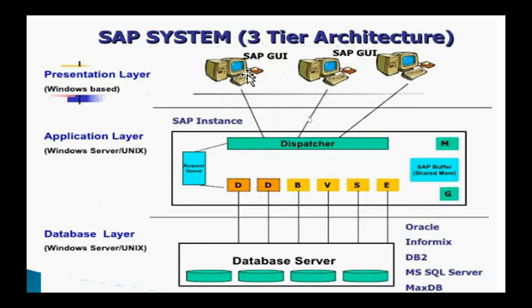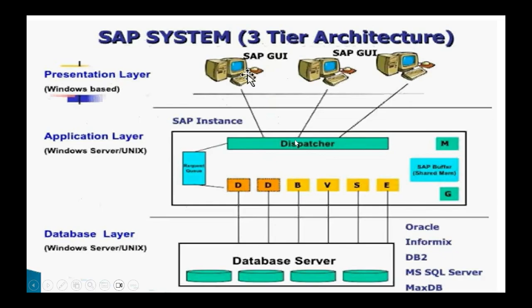So the actual work is done by the work processes. What are the different work processes? Here we can observe D is for the dialog work process, B is for the background work process, U is the update work process, S is the spool work process, and E is the enqueue work process.